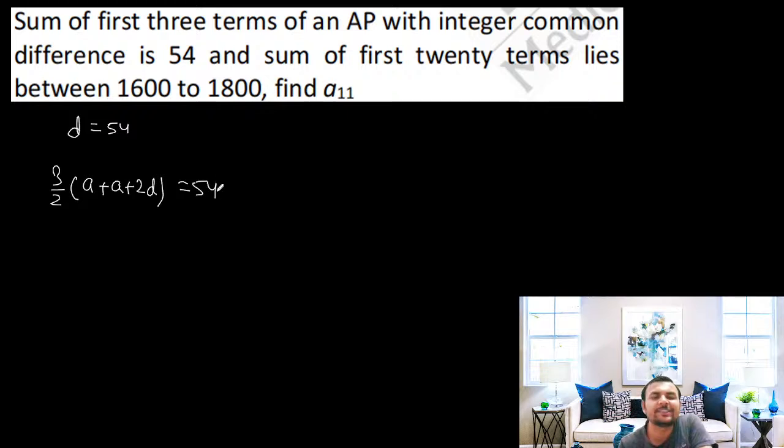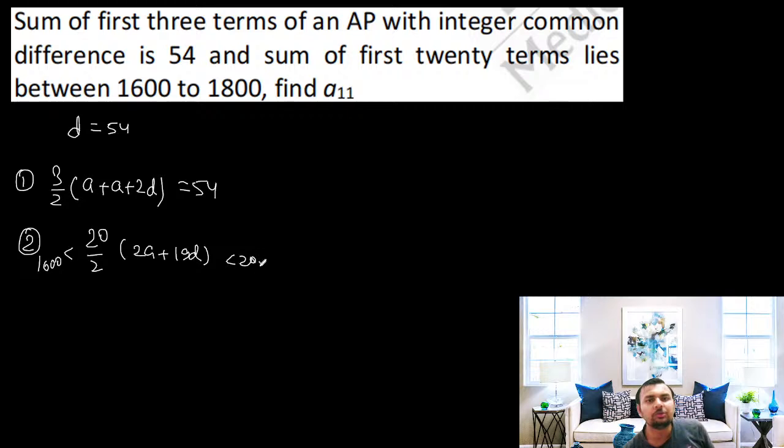JEE Advanced previous year question once again. And second, sum of first 20 terms lies between. So 20 by 2 times (2a plus 19d) lies between 1600 and 1800, okay.